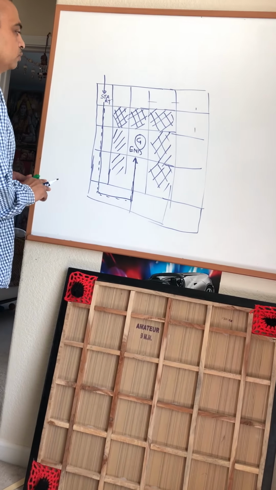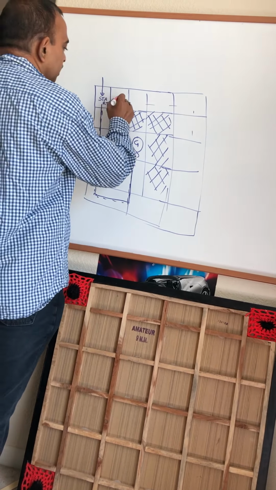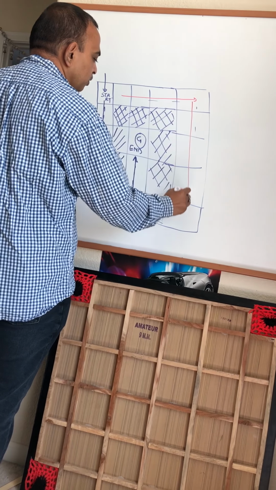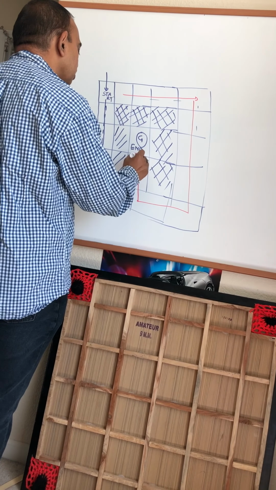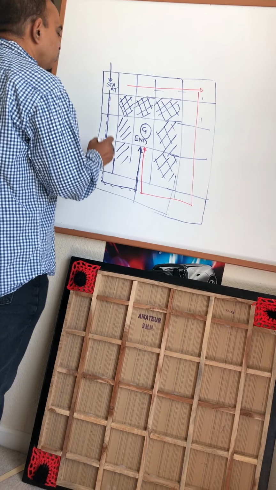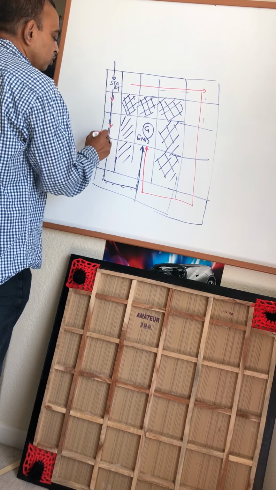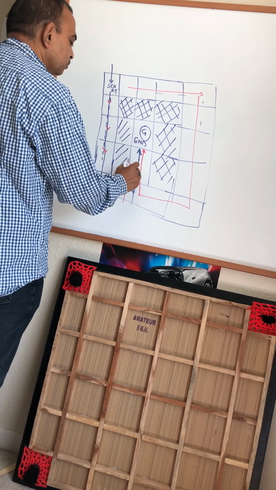Because if it goes from this position to this position, from here to here, and then from here to here, and goes like this, this is the longest distance path. We want the shortest distance path. Start from this position, follow this path, go here, and then go up to this position.